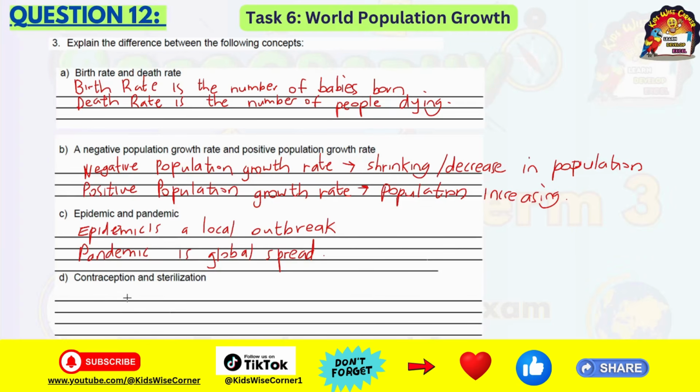Contraception and sterilization. Contraception is to prevent pregnancy, and sterilization is permanent prevention.